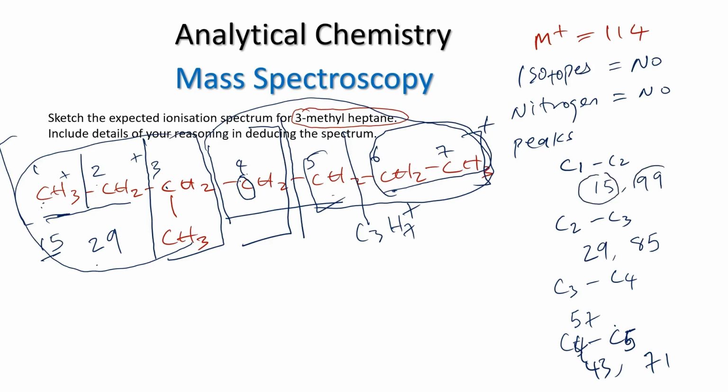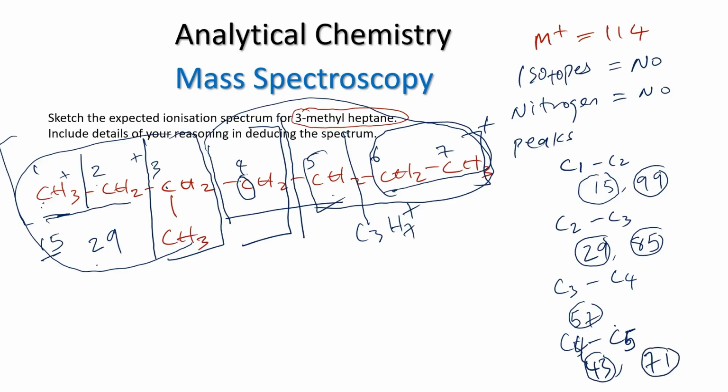Now, which of them do you have to identify? Which is the base peak, like I've explained, the prominent peaks, and the significant peaks. Some peaks are significant, some are not.